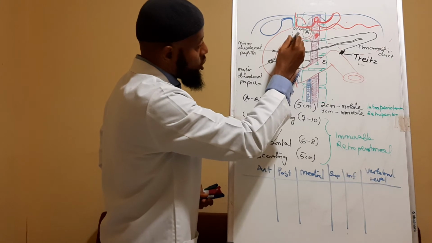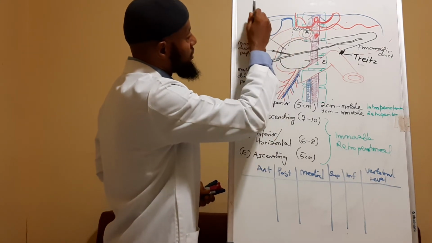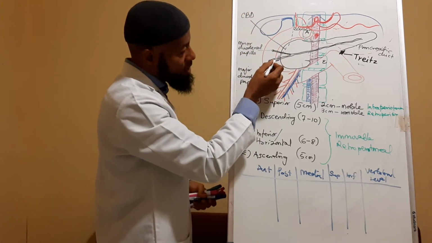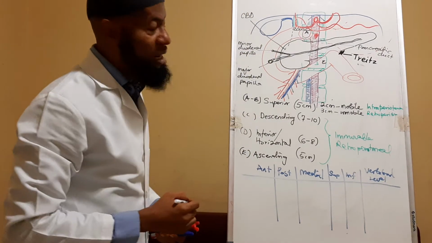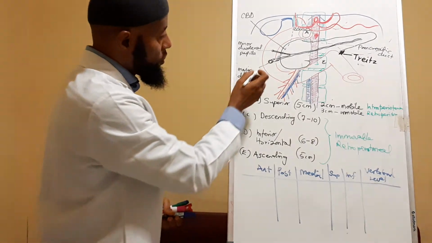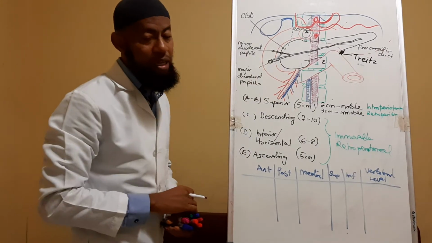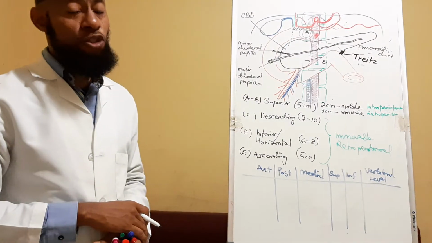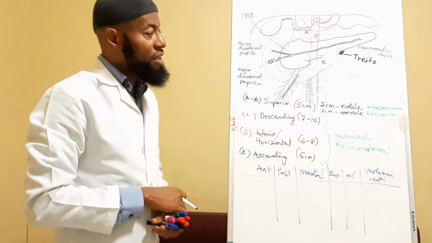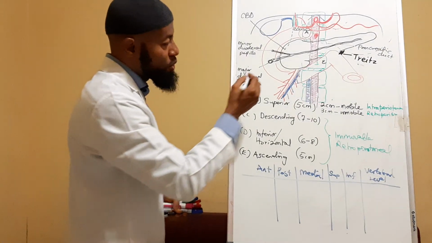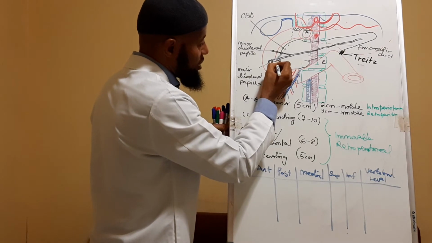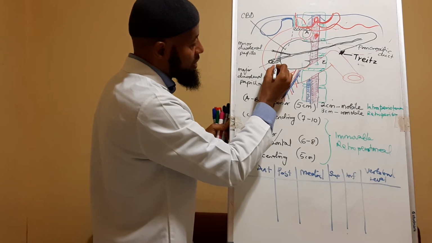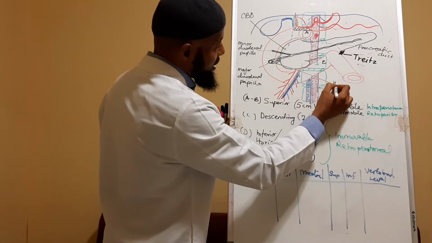Now remember, this is your common bile duct. Your common bile duct unites with the pancreatic duct, and so this portion here becomes the hepatopancreatic duct, or you can call it the hepatopancreatic ampulla. So right here, it becomes the hepatopancreatic ampulla.